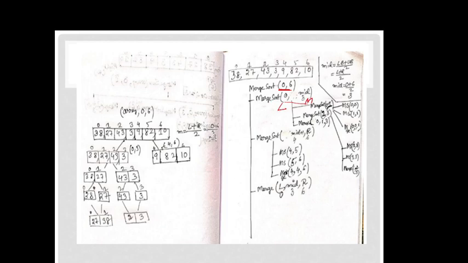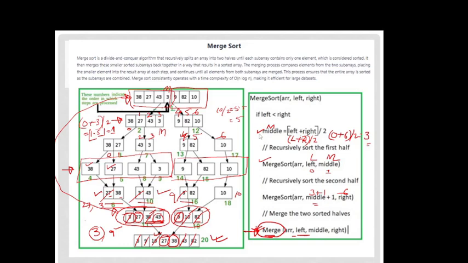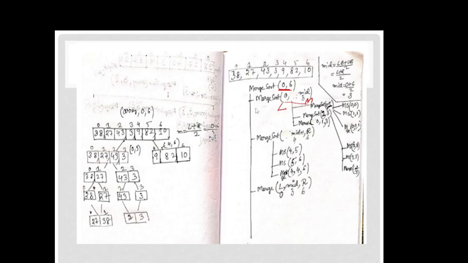This first call will again give three more calls, because if you see the algorithm, it is merge sort from left to middle, merge sort from middle plus 1 to right, and merge from left, middle and right. So every time you call merge sort, three functions will be called: first merge sort, then merge sort, and then merge.